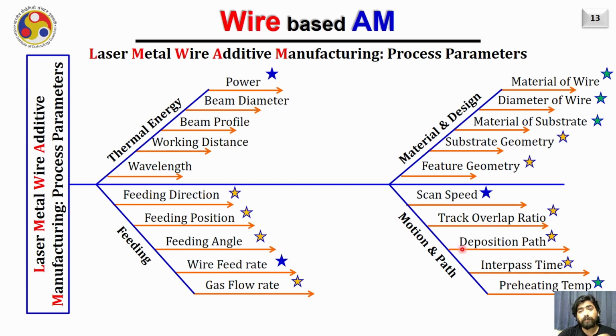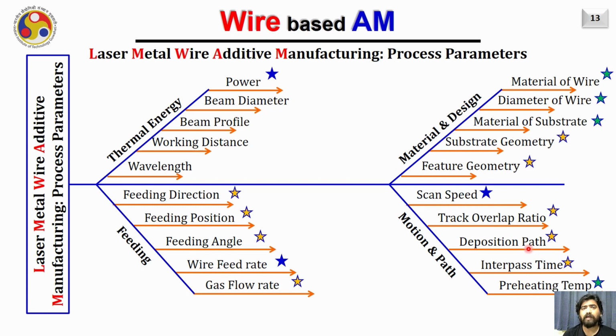Then, what deposition path you are following to deposit the material. There are several deposition paths we have discussed in one of the modules for area filling strategies, like zigzag, contour parallel, contour offset. We have seen the Hilbert path, fractal based path, and many other deposition paths. The deposition path is very much governing nowadays, and it is a very important research area for the residual stresses and the defects generated in the object.